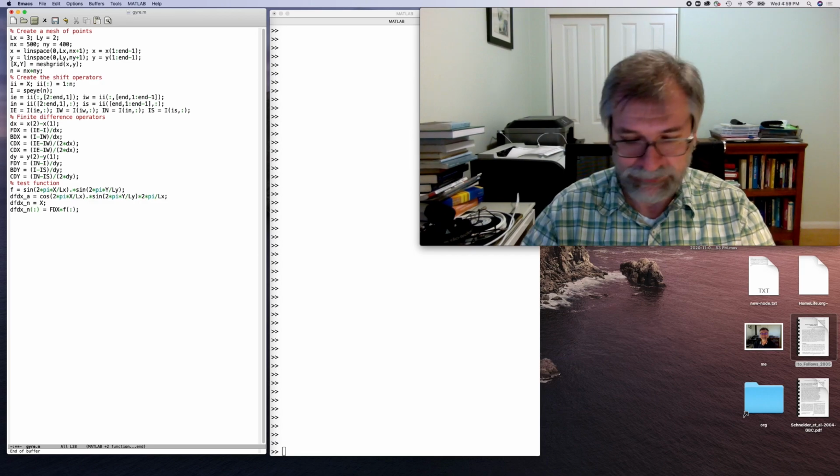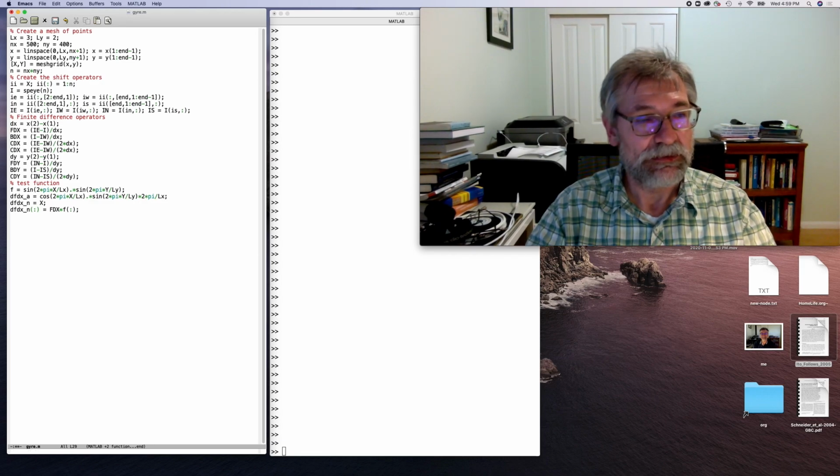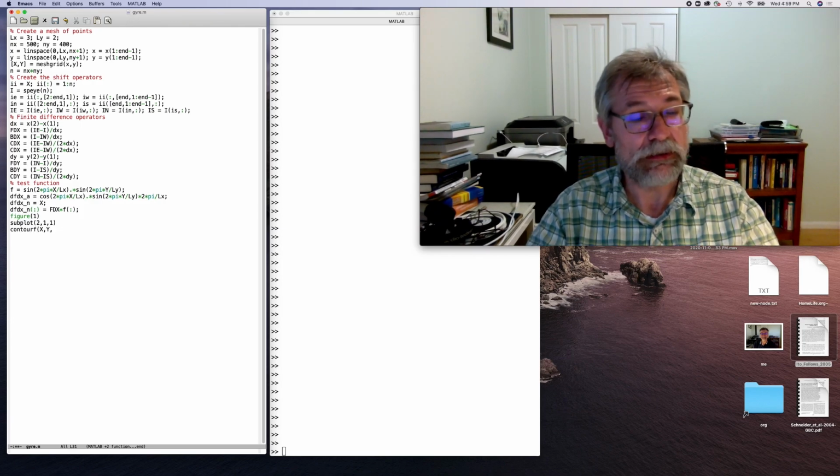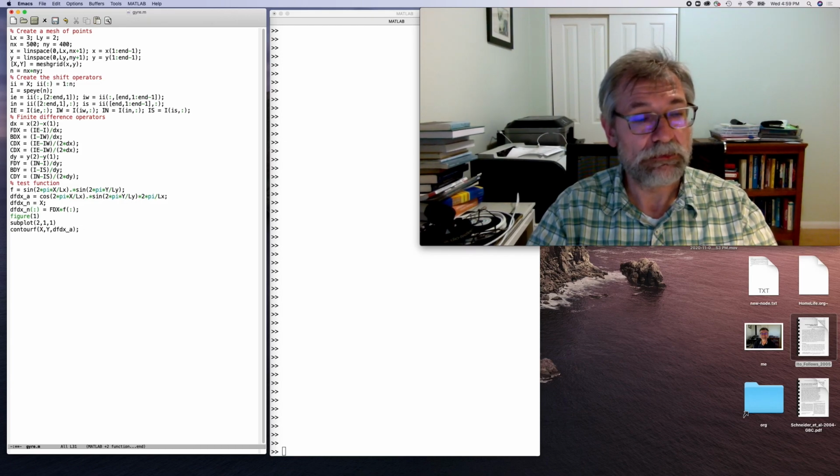Okay, so let's make a plot and look at our answers. So figure 1, subplot 2, 1, 1. So in the first panel, we're going to show the exact answer: contour of f, x, y, df/dx analytical, put a color bar, and set the font size to be bigger so you can see it.